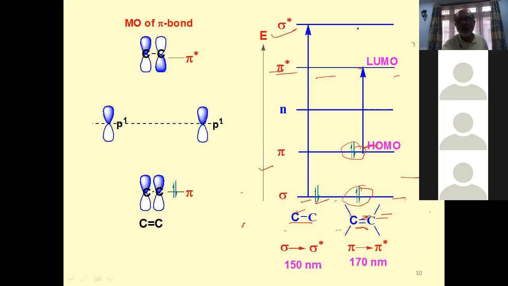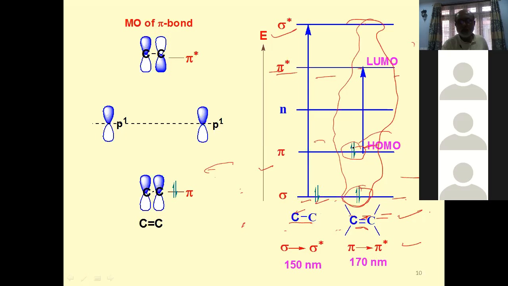So in the case of ethylene, this is the molecular orbital picture. This is all right. We have four orbitals: sigma, sigma star, pi, and pi star. Now, when there are four, the electrons' energy levels are different. Just see the electrons which are there.